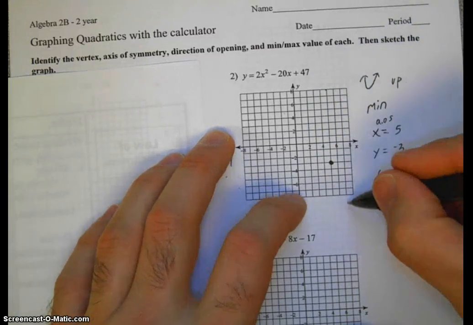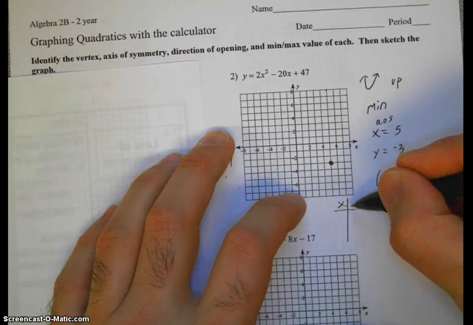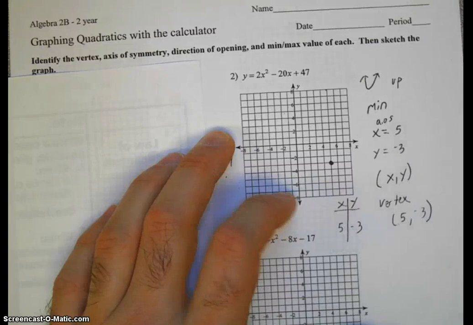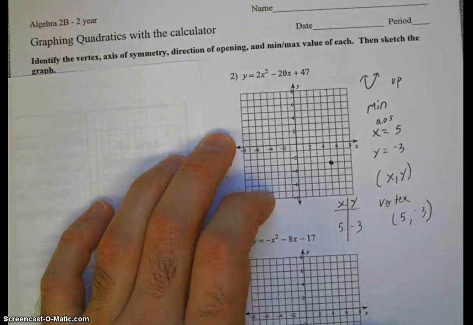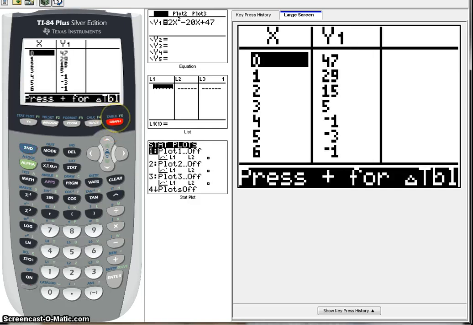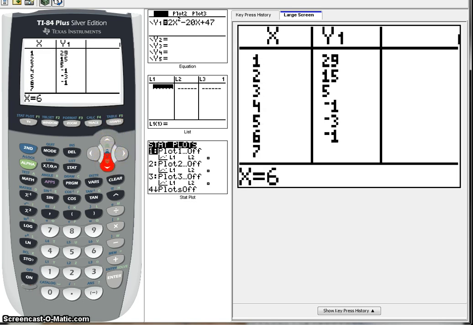So now what I could do is I could just quickly make a table. 5, -3. And I can find some other values using my calculator. And I can do that by hitting second, graph, and then it'll pop up a table. So we knew the vertex was 5, -3, so I'm going to want to go down to the 5.